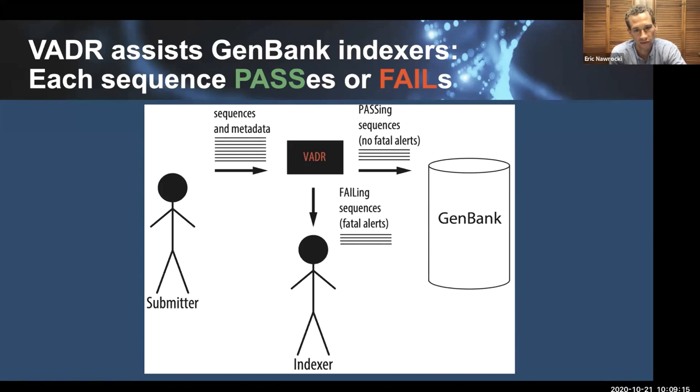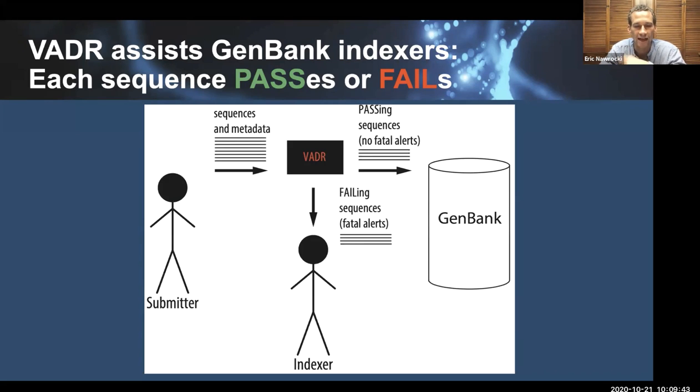These are really great tools, but we decided to develop our own software because we wanted very precise control over which sequences would automatically be let into GenBank, and we call those passing sequences, versus sequences that have to be looked at by a human indexer. So it's really important that we don't let any bad sequences automatically into GenBank.